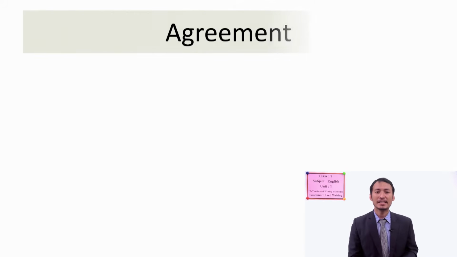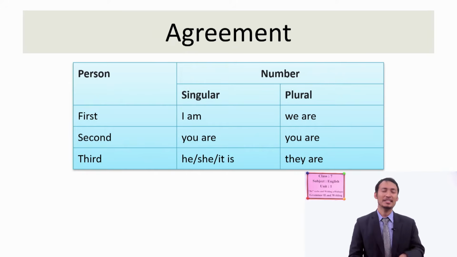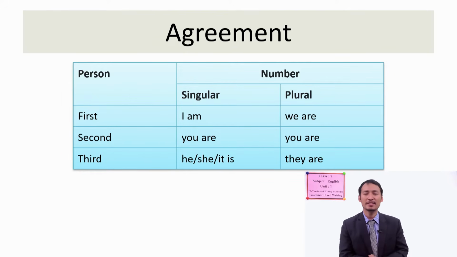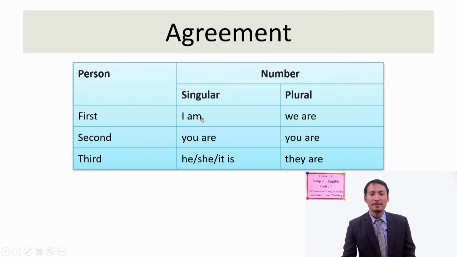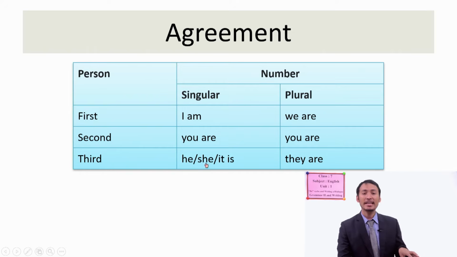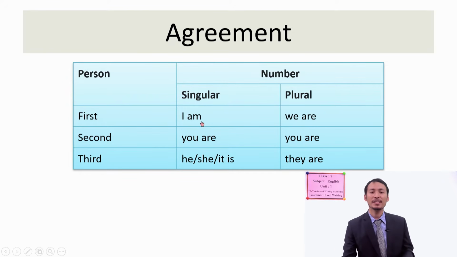Now let's see how the verbs agree with the subject, as we have talked about the subjects. Like we have I as the singular subject, you as the singular subject, and he, she, it. These are singular subjects. The first person singular subject I needs am, the second person you needs are, and the third person singular he, she, it agrees with is.